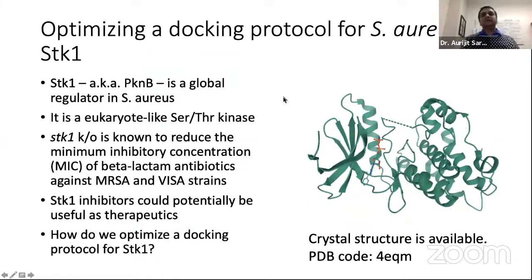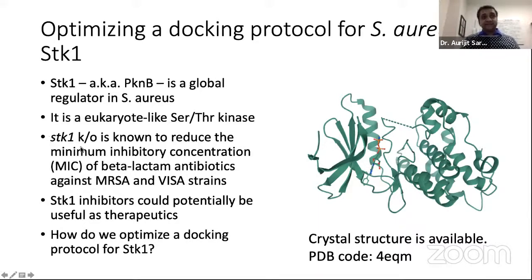So if you do want to do a docking study, then you need to validate your methods. And I'm going to show you exactly how to do that over here. STK1, which is also known as PKMB, is a global metabolic regulator in Staphylococcus aureus. It is a serine threonine kinase, very similar to the serine threonine kinases that you can find in our own body.